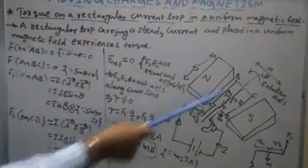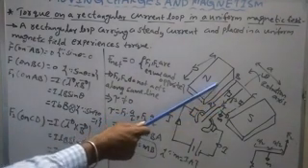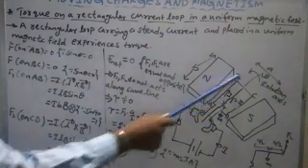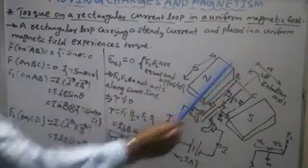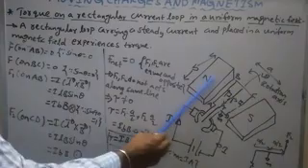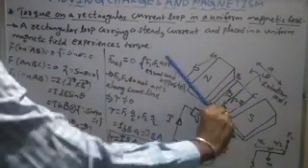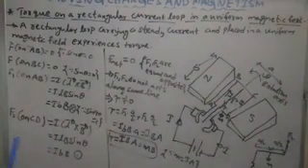If you observe, AB is perpendicular to the magnetic field, which is from north to south, and CD is also perpendicular to the magnetic field, and BC and DA are placed parallel to the magnetic field.